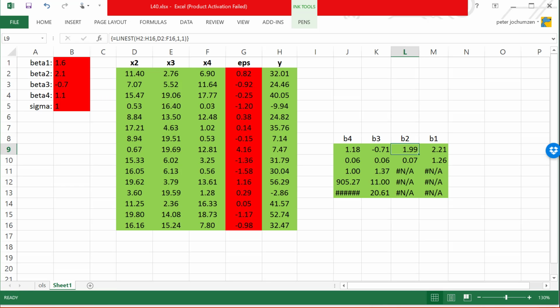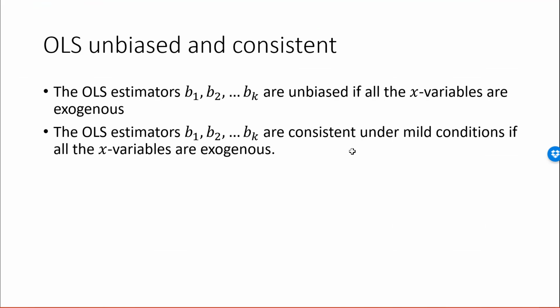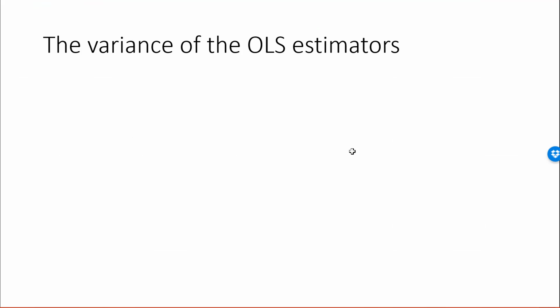The second part is almost equally important. We need to get some kind of measure of how precise these b's are. How close is this 1.18 to the true value of 1.1? And that's captured in the variance of the OLS estimators.